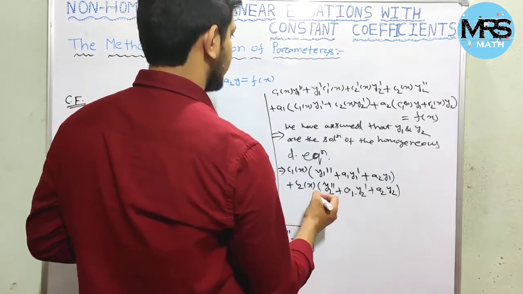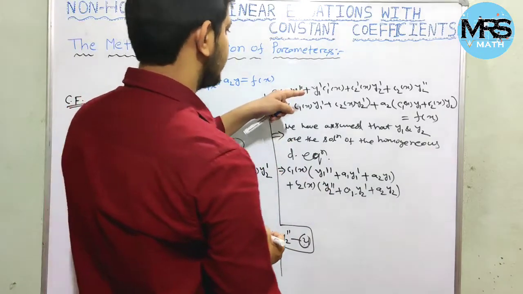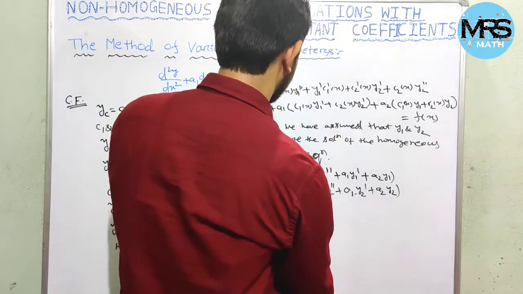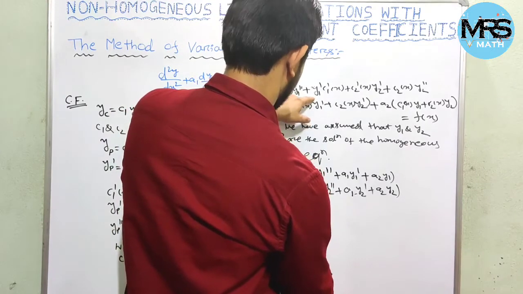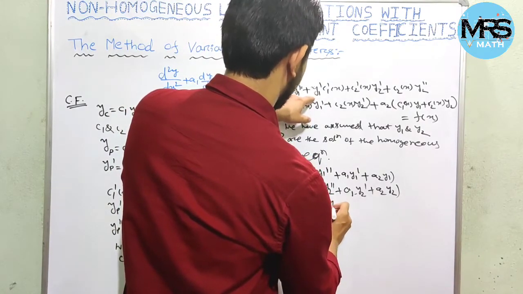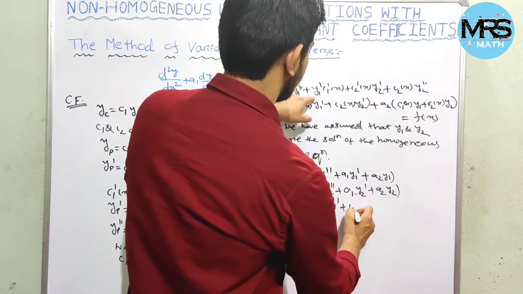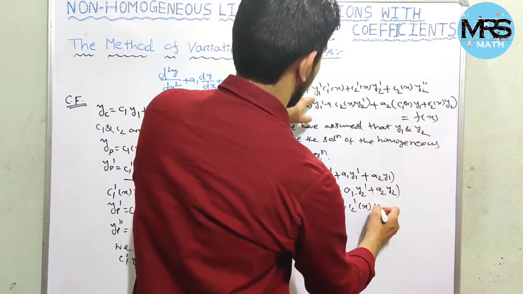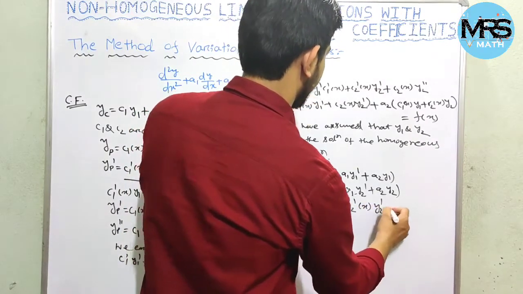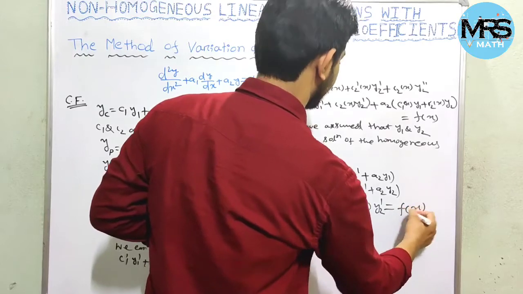So the remaining terms, what we can write? c1 dash x y1 dash plus c2 dash x y2 dash is equal to f of x.